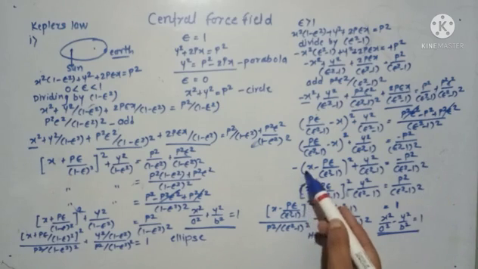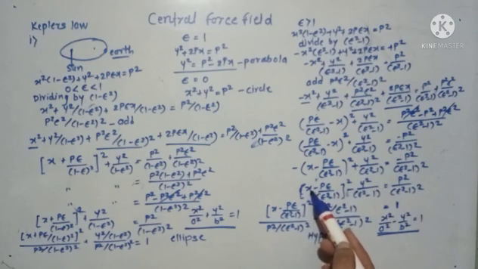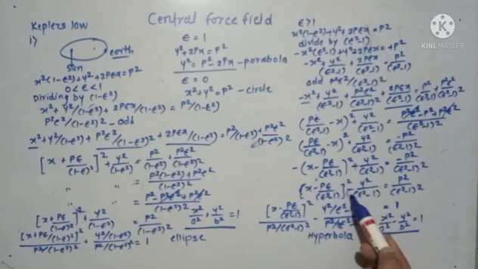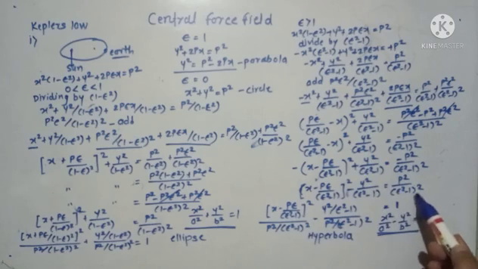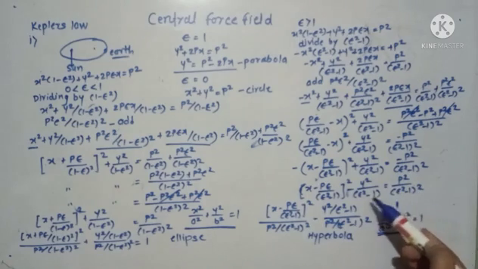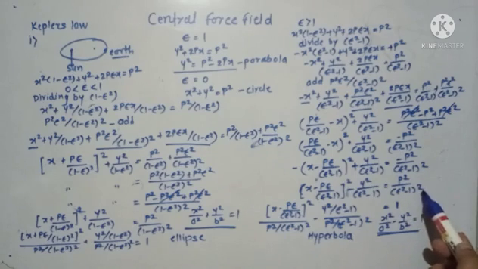If I change the sign of each and every term, it will be plus, minus, and plus. Now I want the right hand side to be equal to 1, so I divide the equation by p squared epsilon squared upon (epsilon squared minus 1) bracket squared.